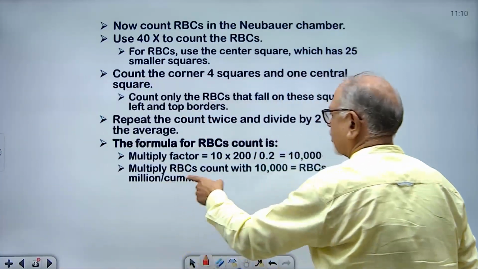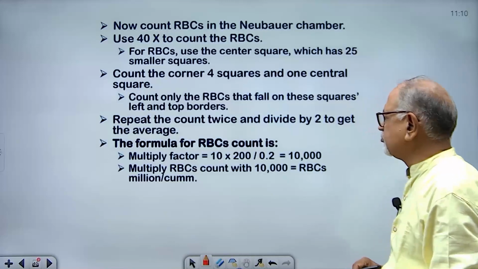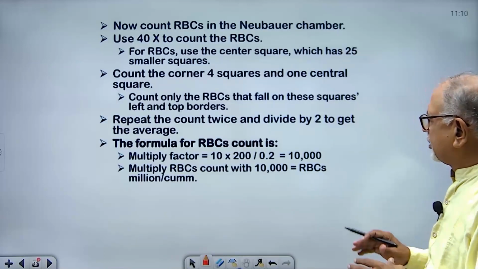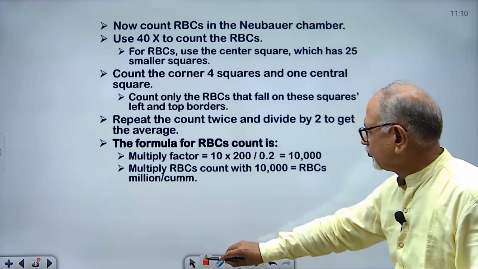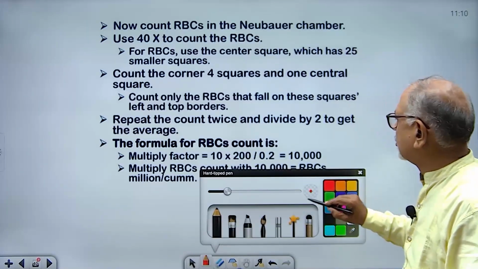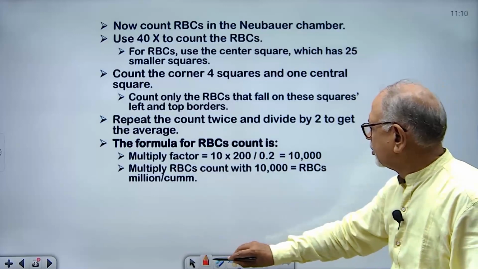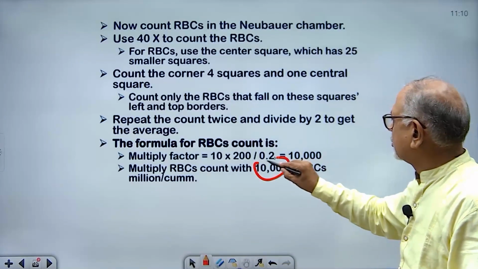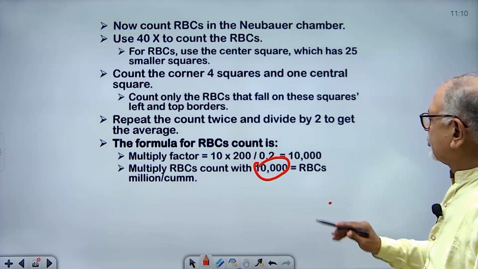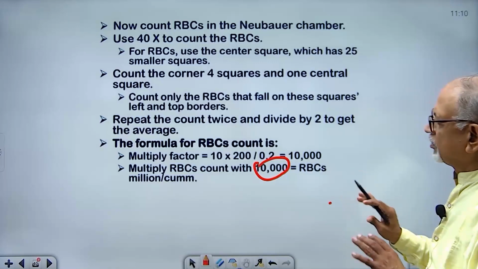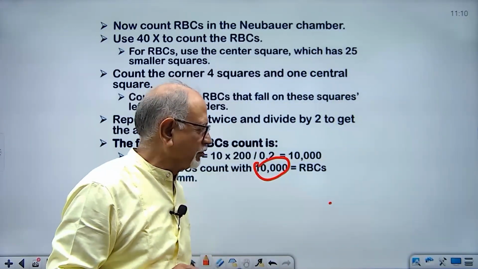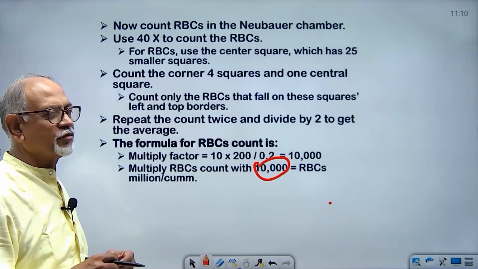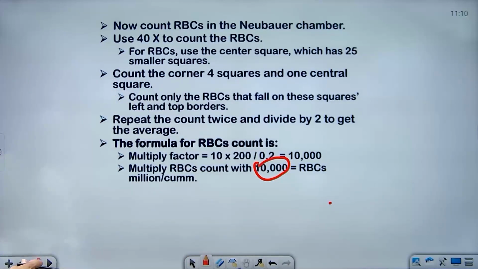Then here, whatever number of RBCs are counted, they are multiplied with a factor, this one, 10,000, and then the final number of RBCs is reported as millions per cubic millimeter.